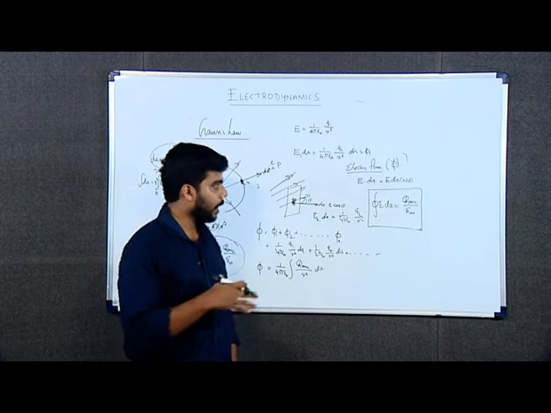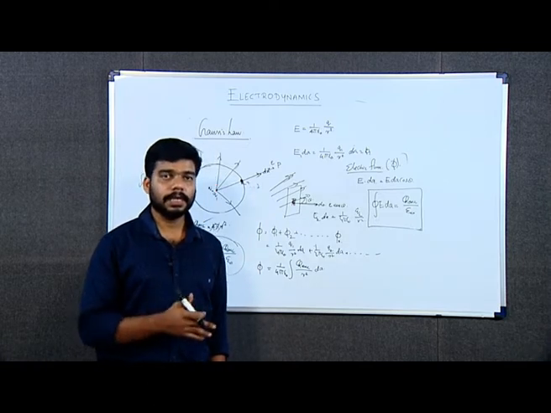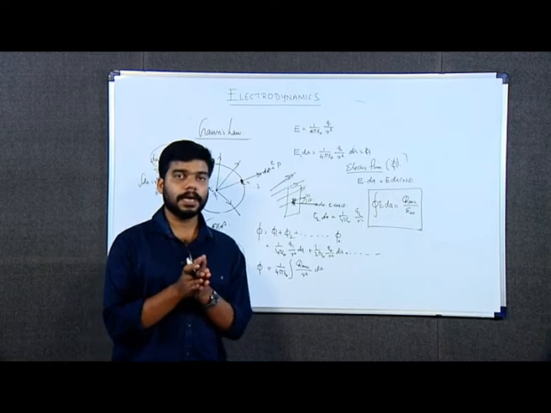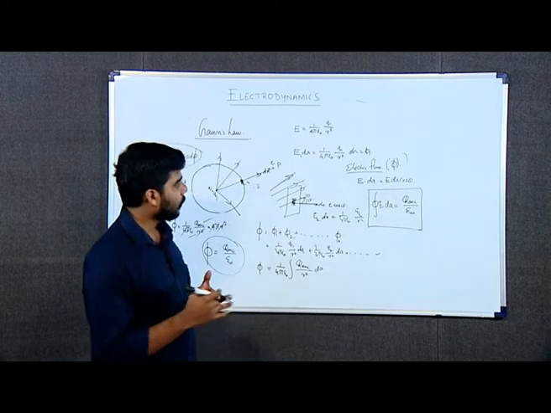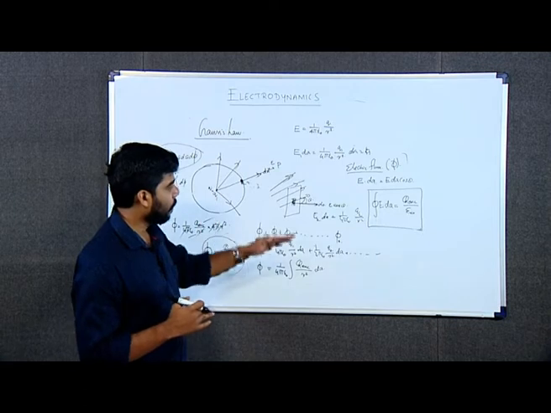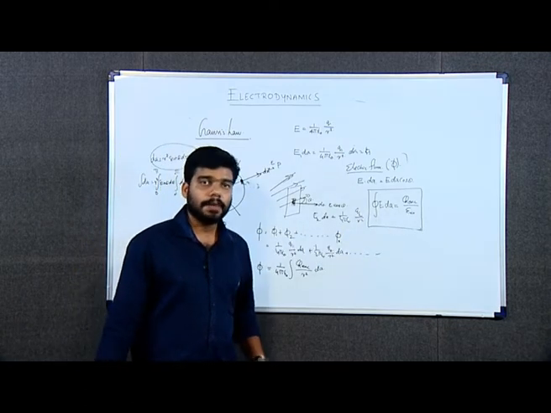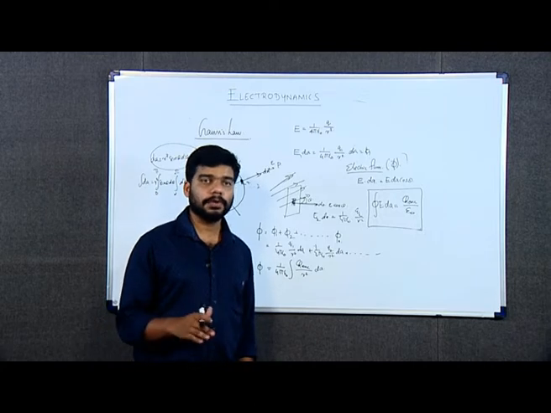But if you take an arbitrary shape, I can't say whether the electric field will be exactly perpendicular or exactly parallel with the area vector. So that depends, and anyway these are the main ideas of Gauss's law, and we have to learn some of the applications of Gauss's law.